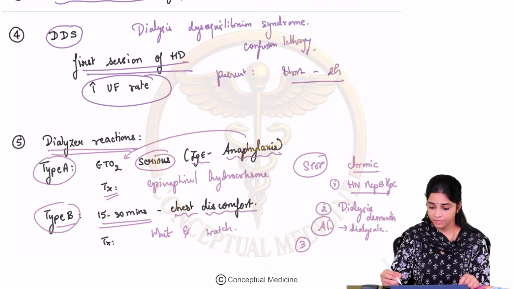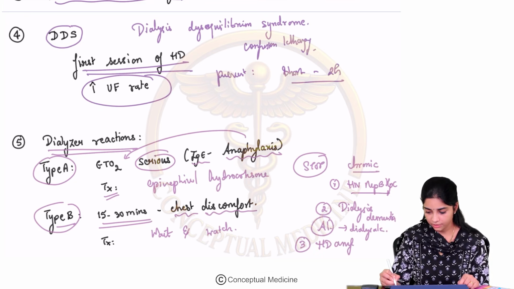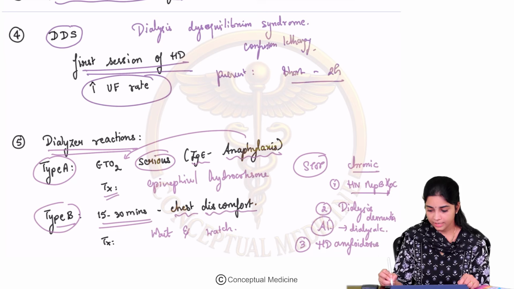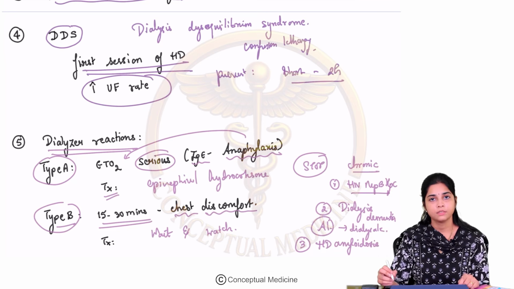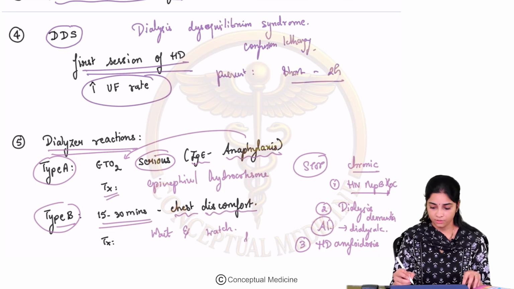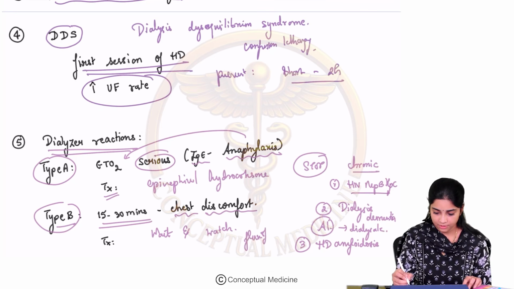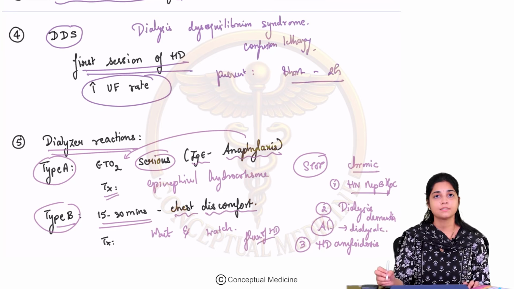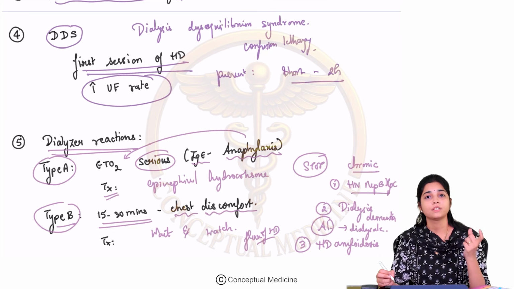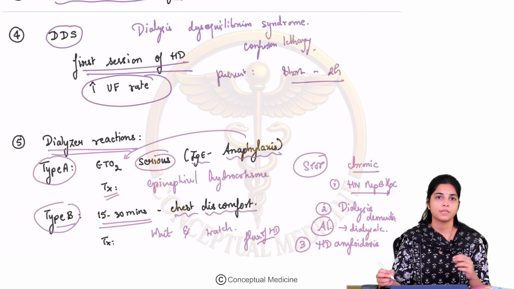The third complication is dialysis associated amyloidosis. So what happens in this dialysis associated amyloidosis? Now, there is an entity called the flux of the dialysis machine. What is the flux of the dialysis machine? It determines what molecular weight substances are removed.